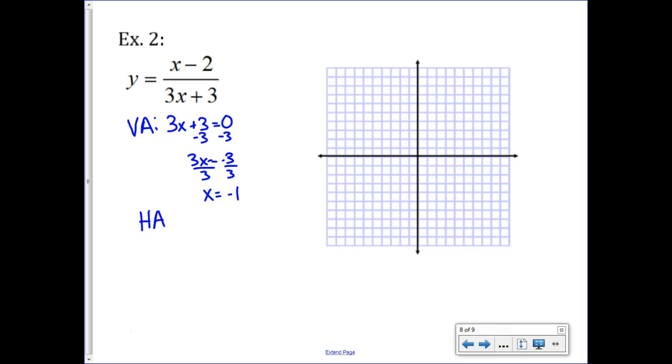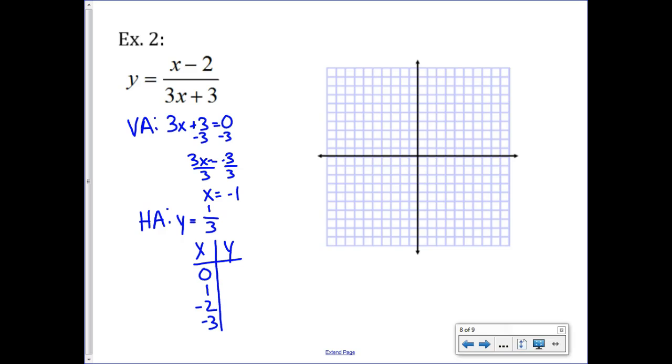Horizontal asymptote, we're looking for the coefficients in front of x, so y equals 1 over 3. Then I'm going to pick 2 points bigger than negative 1, so 0 and 1, smaller than negative 1, negative 2, negative 3.